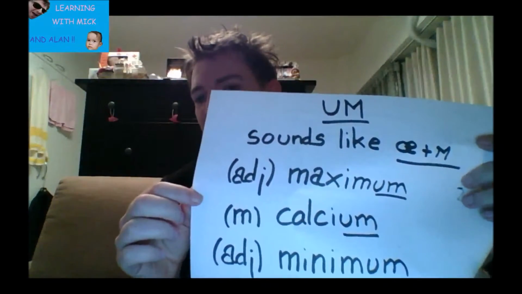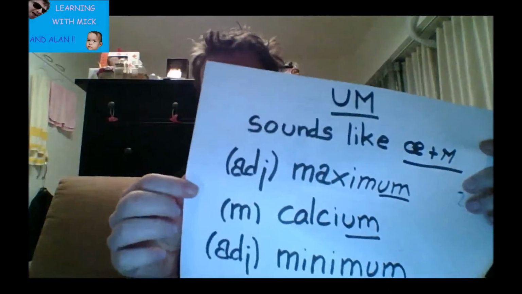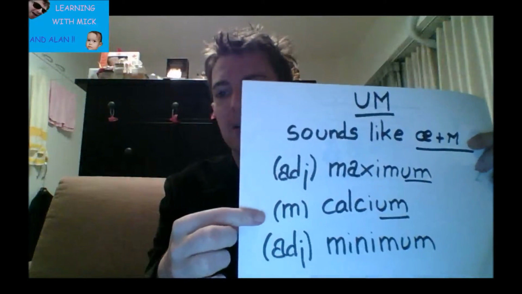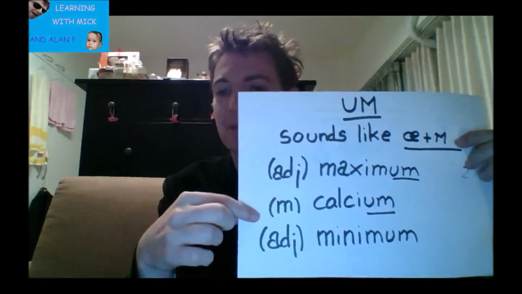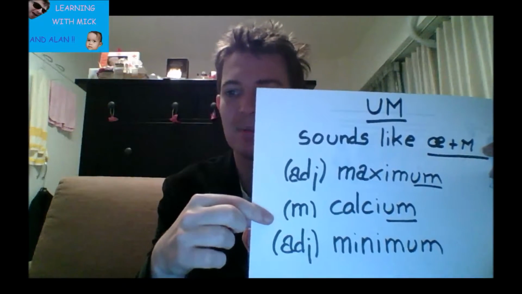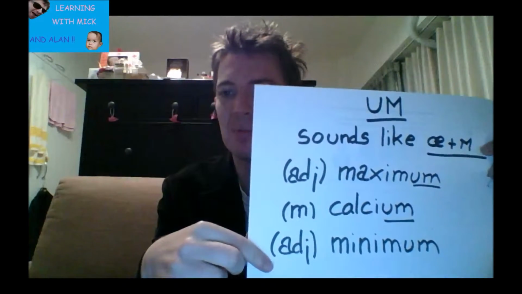Maximum is the same as in English. Calcium, an element that is very useful for bones. Or minimum. We're not going to spend much more time on that because you know English. It's exactly the same as English.